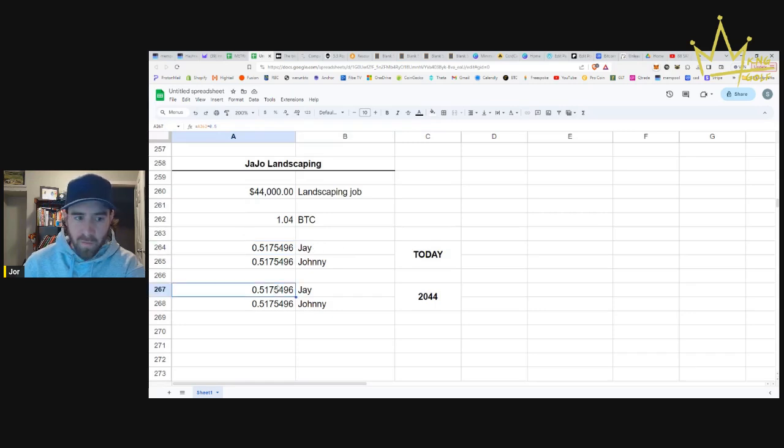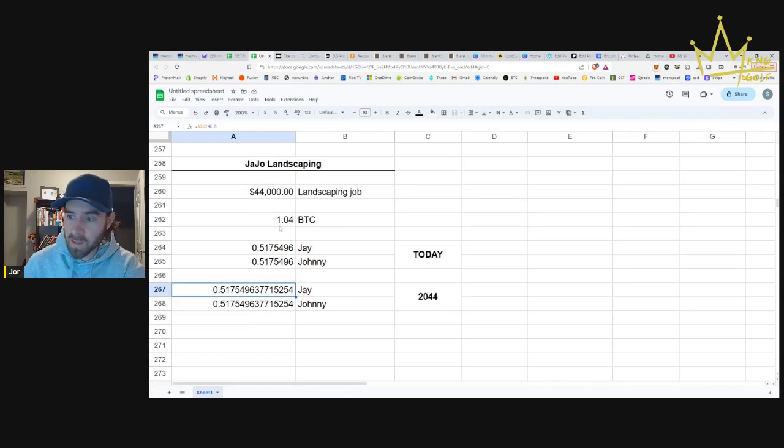In 2044, I just use this as an example, 20 years away from now, the exact same thing. But at that time, we don't know what the price of Bitcoin is going to be. So what happens when you move the decimal place? You can see here, if you're listening to this later, we added about 6 or 7 or 8 decimal points.